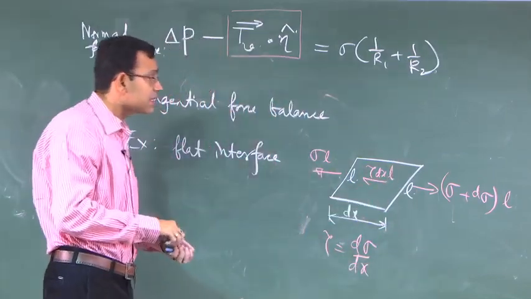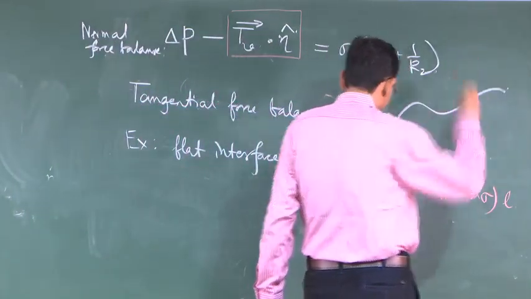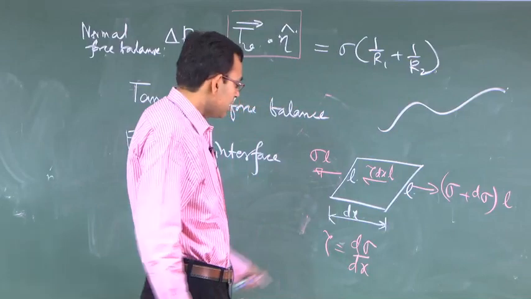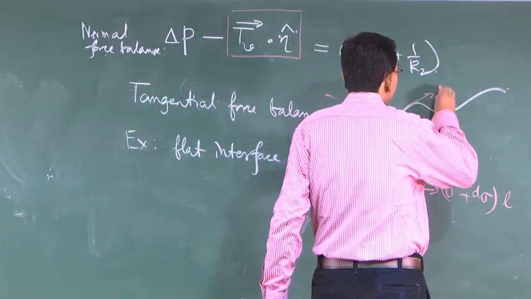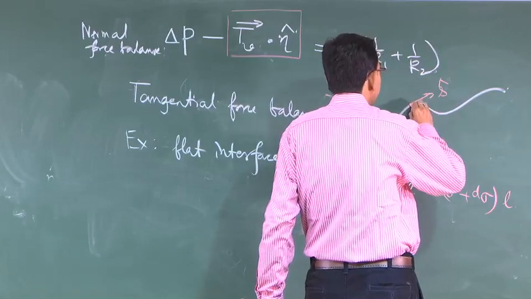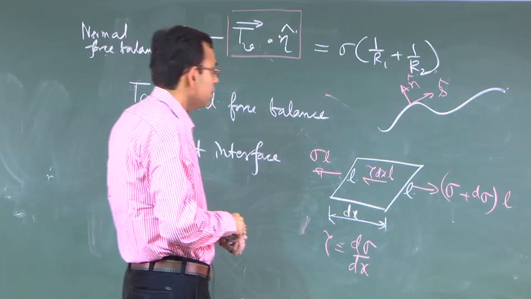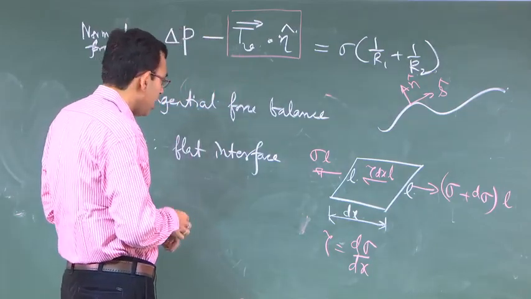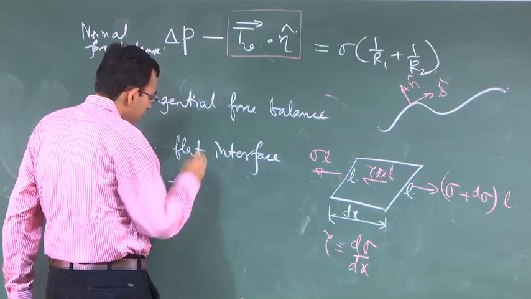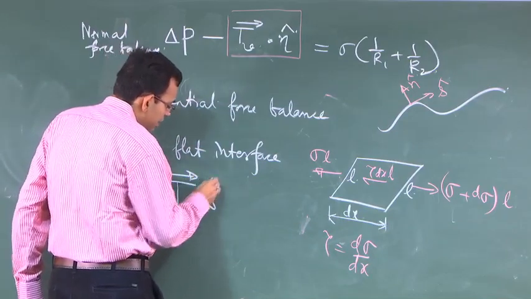What if the interface is curved? If the interface is curved like this, then instead of x you have to deal with a unit vector in the direction s and a unit vector in the direction n. So, you can write, in place of tau, t, the traction vector, dot s.